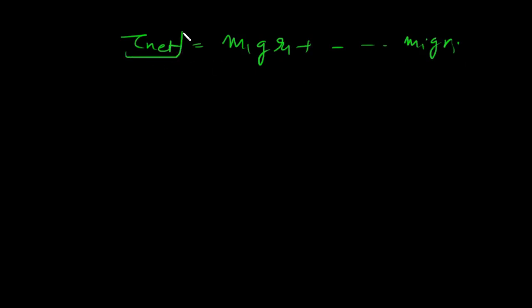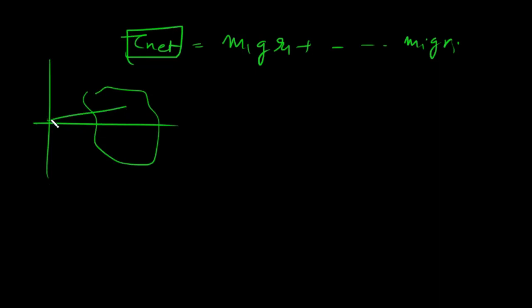So this net torque was m1g r1 plus and so on up to mi g ri. Now this was the object and these are the torques by the masses, and this is O. So let us concentrate the whole mass at O as Mg, where M is the whole mass. And this is r. So this net torque must be Mgr.